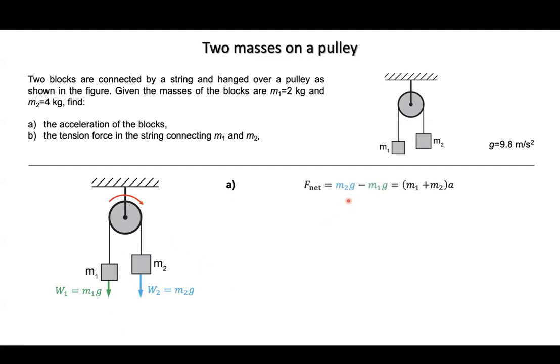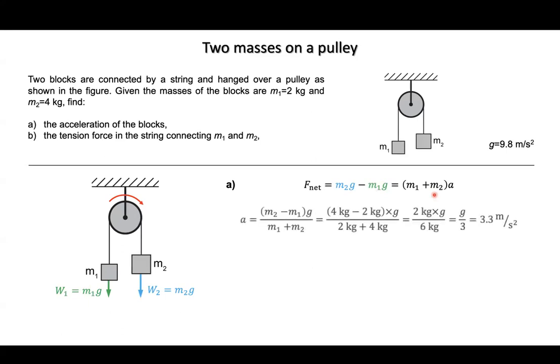And what is the net force in this case? The net force in this case is going to be M2G minus M1G. So we're taking the direction of the motion to be the direction of the acceleration, or the direction of the net force as well. So M2G minus M1G, because these weights pull in opposite directions. And this has to be equal to mass times acceleration, and mass is M1 plus M2.